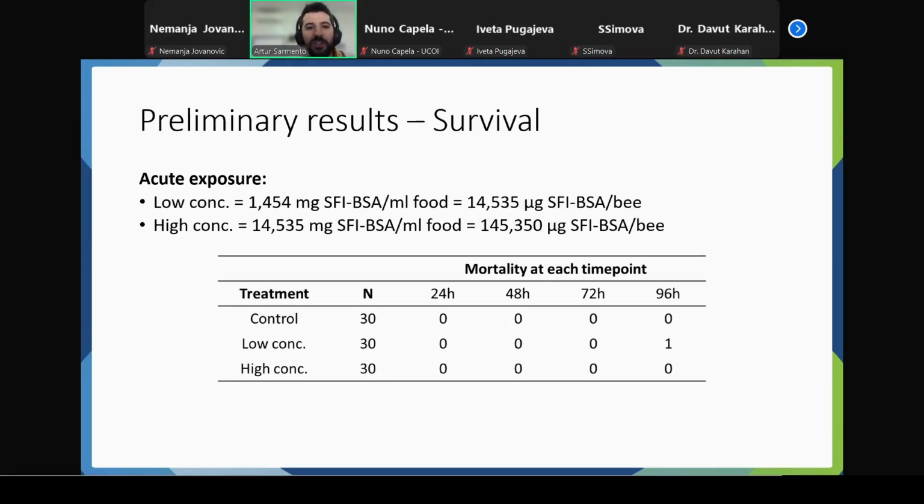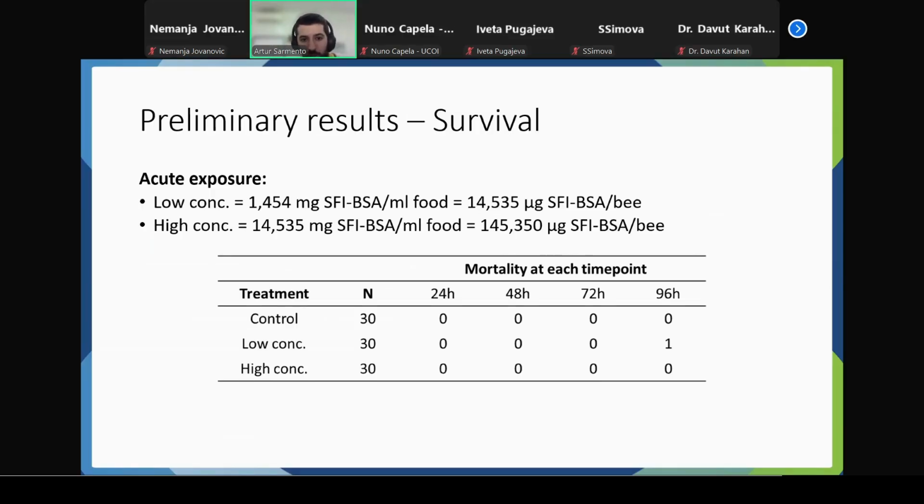Now, going to the results. These are not still that preliminary, but I still didn't do more analysis. In terms of acute exposure, we had 3 treatments. Acute exposure lasted 4 hours, and then we did the assessment after that exposure and every 24 hours until the end of the test, because it needed to respect a mortality threshold of 10%.